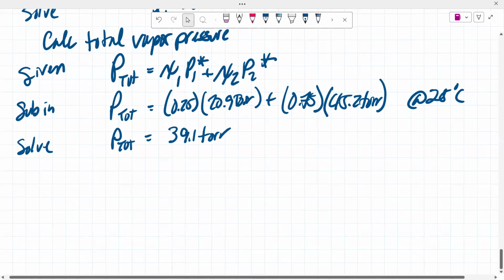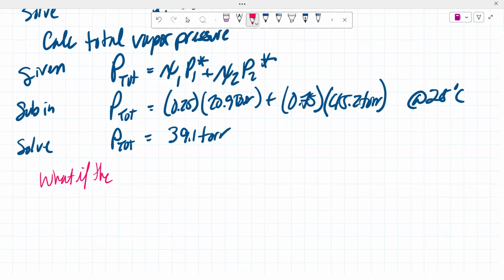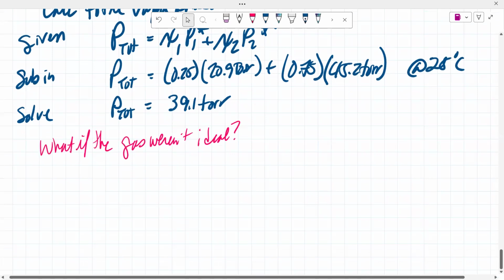What would happen if the gas wasn't ideal? Let's consider. The formula holds when the gas behaves ideally, right?